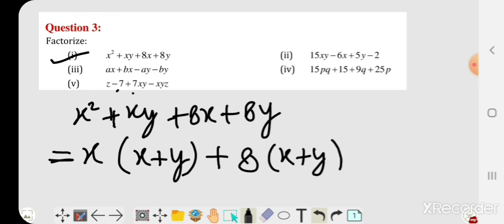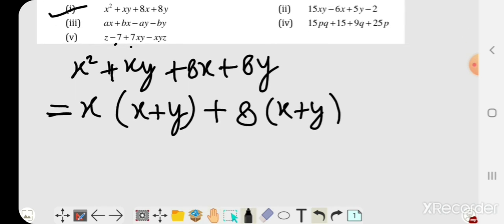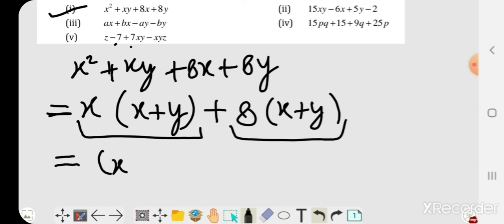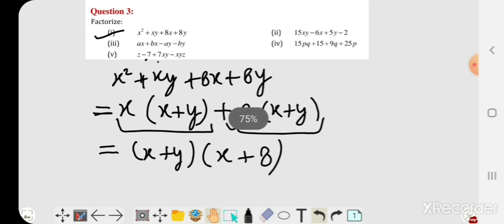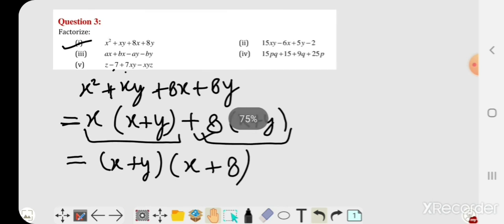Now you can see in both terms, this is one term, this is the second term, what is common? x plus y is common, and in the first term x remains and here 8 remains, so x plus 8. These are the factors, x plus y and x plus 8, of x square plus xy plus 8x plus 8y.